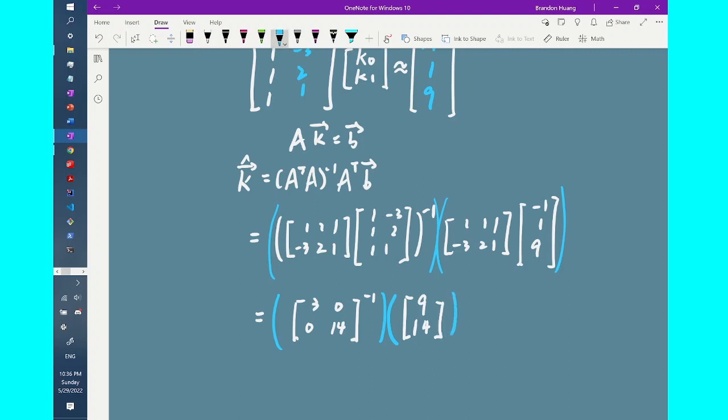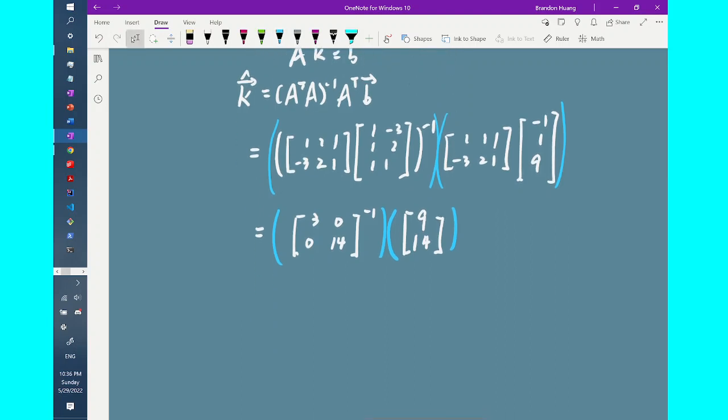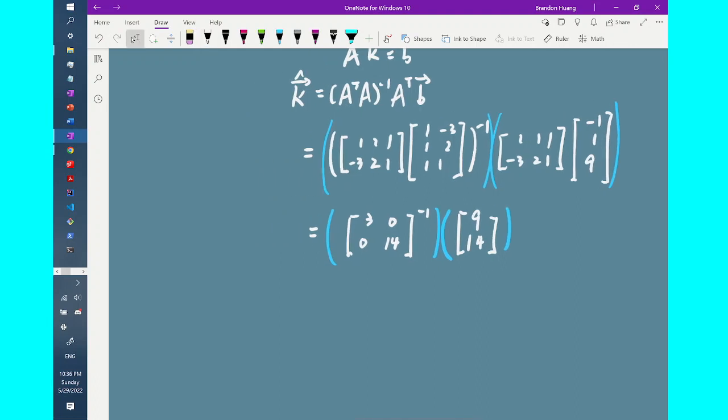Okay, so now I just need to find the inverse of 3, 0, 0, 14, which is a left-hand side matrix. And the way I can do this is use the general formula for inverses, which means that 3, 0, 0, 14 inverse is equal to, let's write out the general formula first, and then we can just apply it later. So the general formula looks something like this.